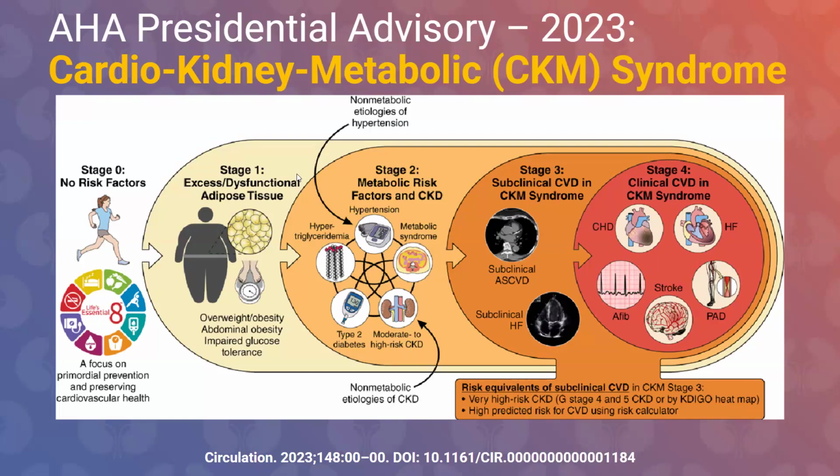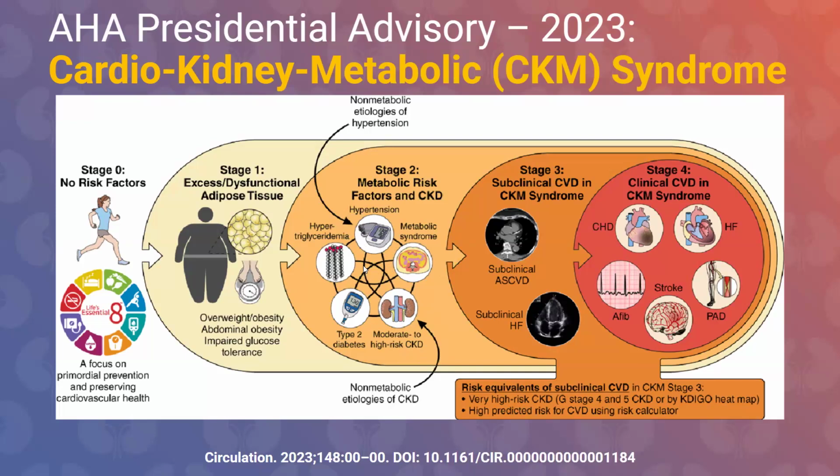Even the non-metabolic etiologies of CKD have been thrown in here in stage 2, because once somebody has kidney disease and a CKD milieu, that can contribute to cardiovascular risk because of the bidirectional link and the abnormalities that accrue as a result of having kidney disease. Hypertension is here, metabolic syndrome, visceral obesity is included here, which is the hypertriglyceridemia, which is part of metabolic syndrome. So there's a big soup of metabolic abnormalities and hypertension.